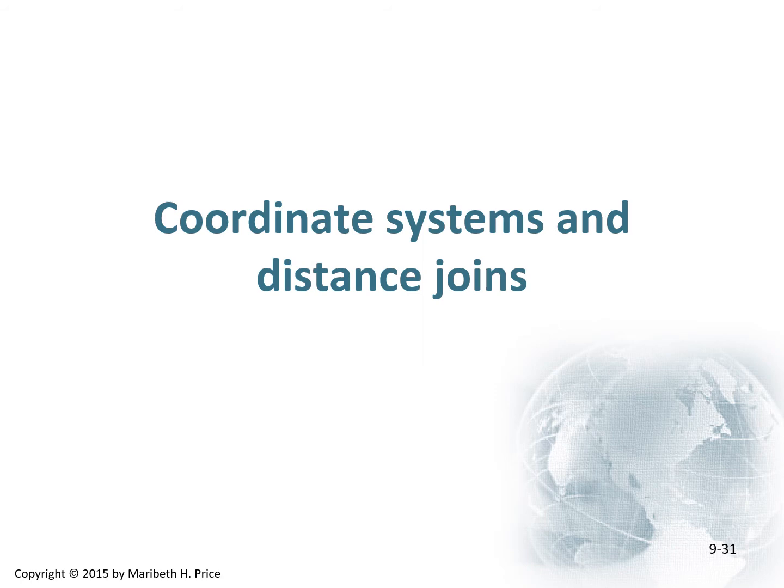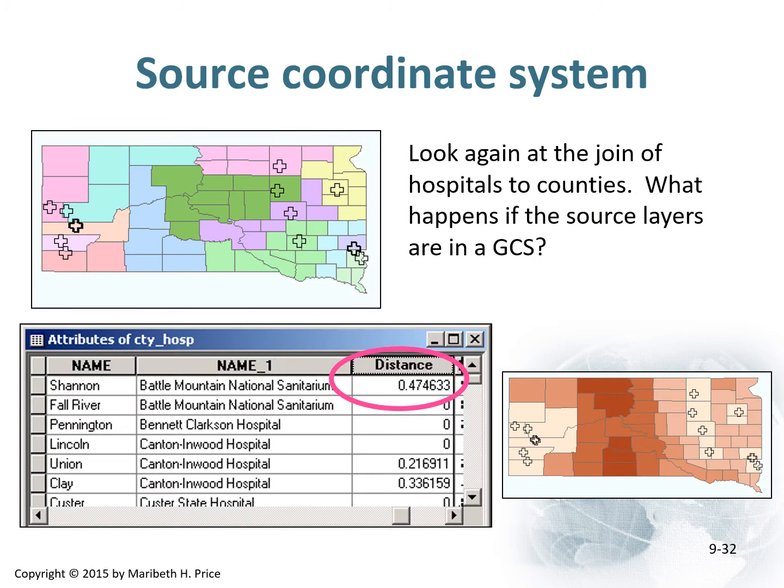Coordinate systems and distance joins. Why does this matter? Well, look at the coordinate systems, and if it's in a GCS, how will your distances be calculated? Hint, it's angular degrees. What does a distance of 0.474633 degrees mean?